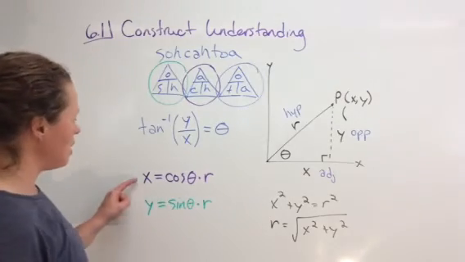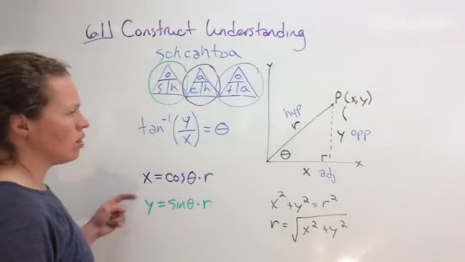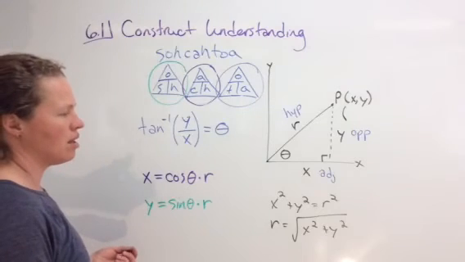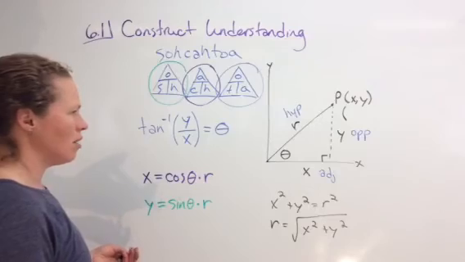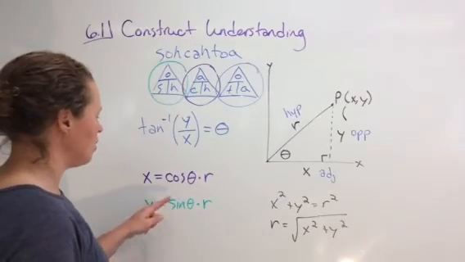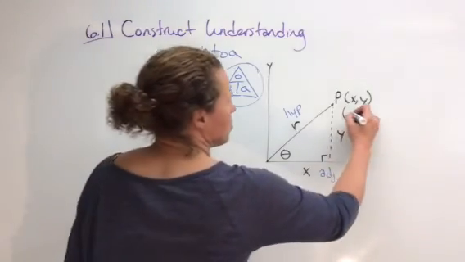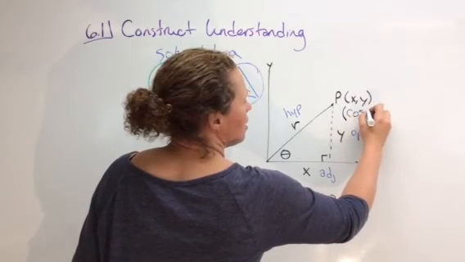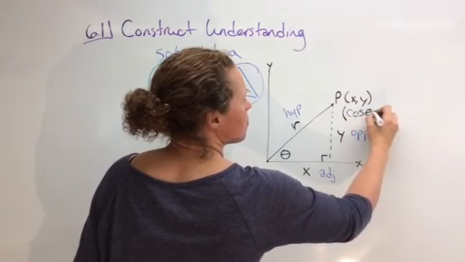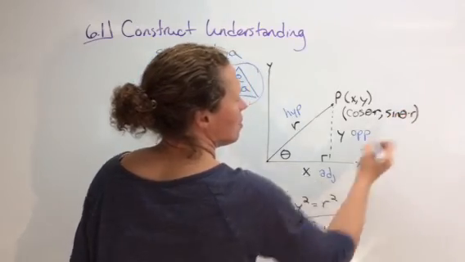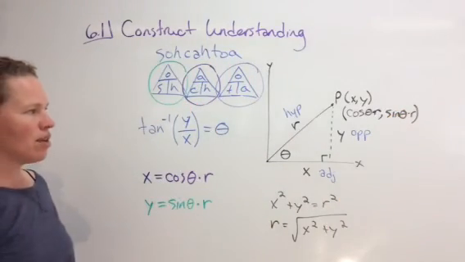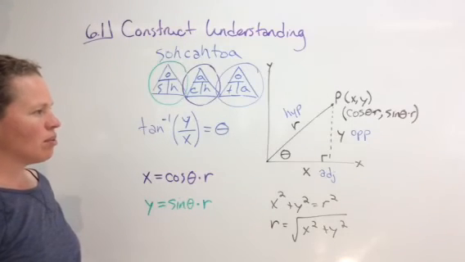They just use these identities to show you how, if you have the radius and theta, you can figure out the coordinate point without constructing the triangle or anything like that. You can just go x is cos theta times r. So we just write that in, cos theta times r. And y is sine theta times r.